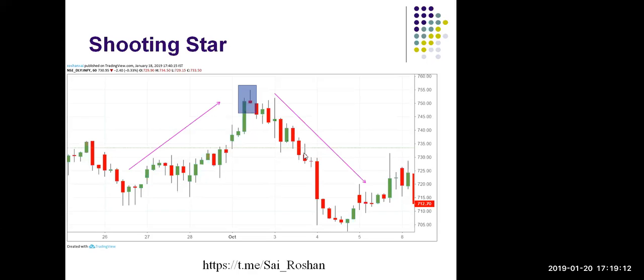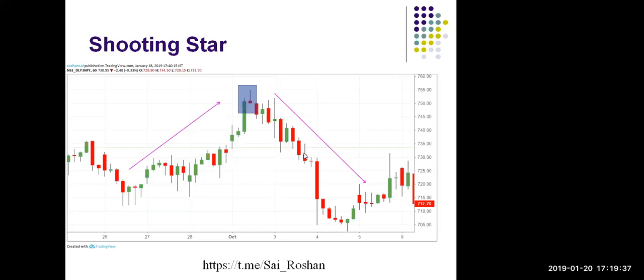That is, the length of the wick is twice that of the body. Number two, the lower wick is almost nothing. It's kind of not there. And as you can see, the next hourly candle all indicates bearishness, and all the way from maybe 755 or something, it fell till 705.